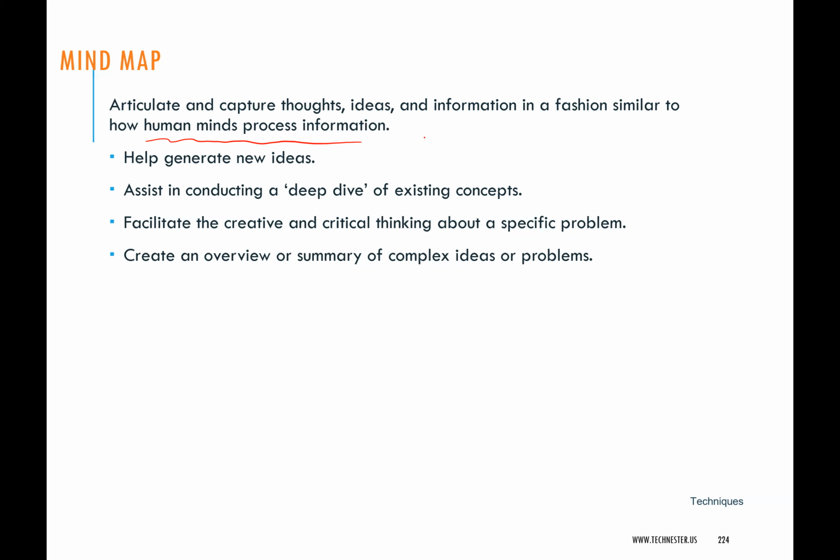So mind map is used to generate new ideas, typically. It assists in conducting a deep dive of existing concepts. It facilitates the creative and critical thinking about a specific problem. It can create an overview or summary of complex ideas or problems. This is what we want to use it for.